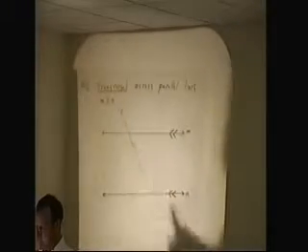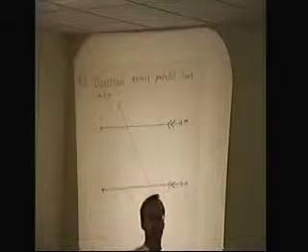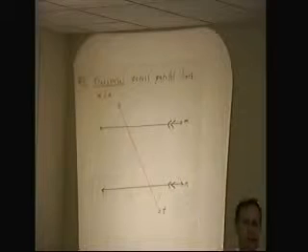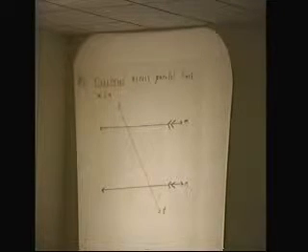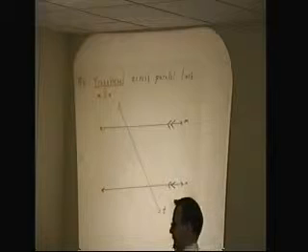It crosses them. That's what trans means, across. You guys have heard of transcontinental? Trans World Airlines? It means across. Transatlantic means across. Trans means across. And a transversal goes across 2 parallel lines, just like that.